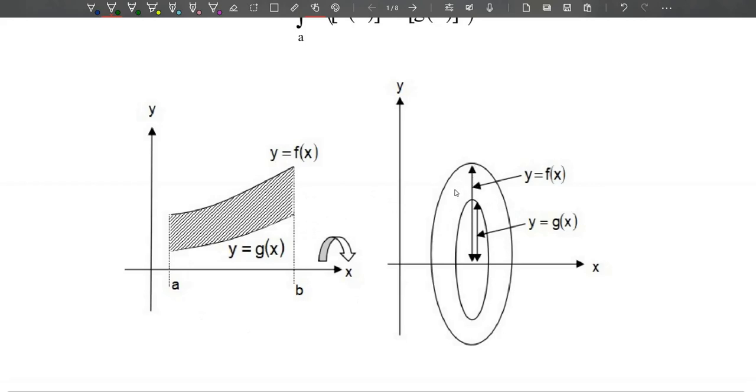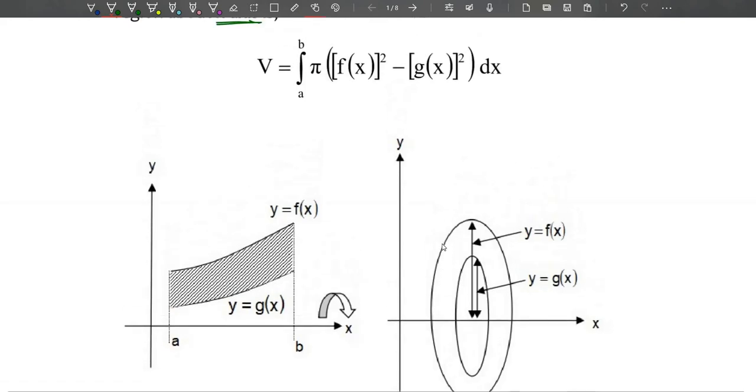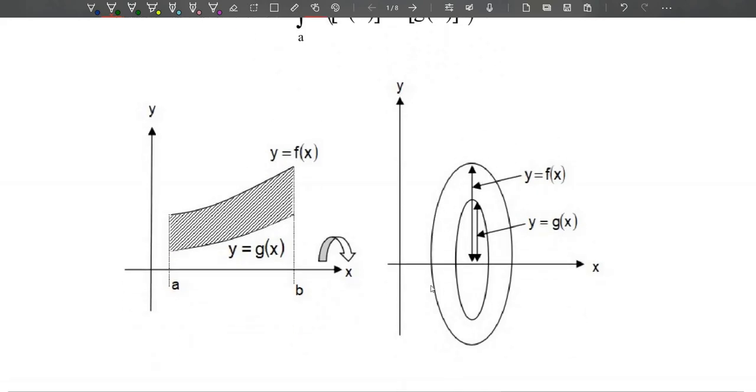So to find the volume, we find the volume of the outer circle minus the volume of the inner circle. The cross cut here is a circle, that's why we have two circles, the outer and the inner circle.